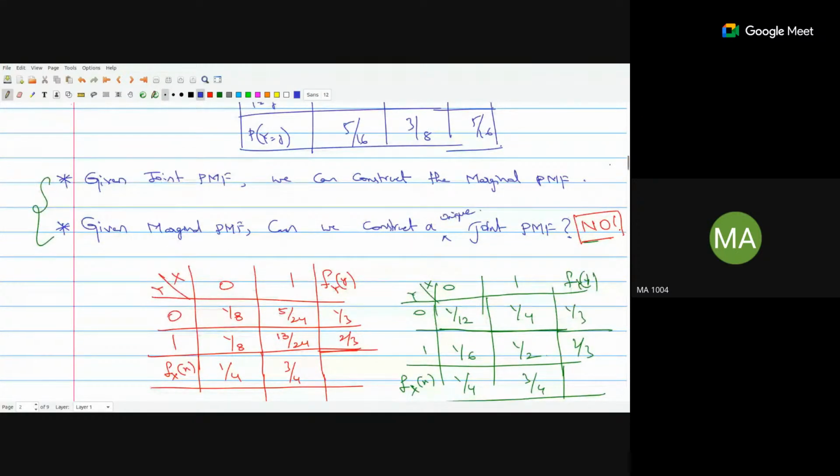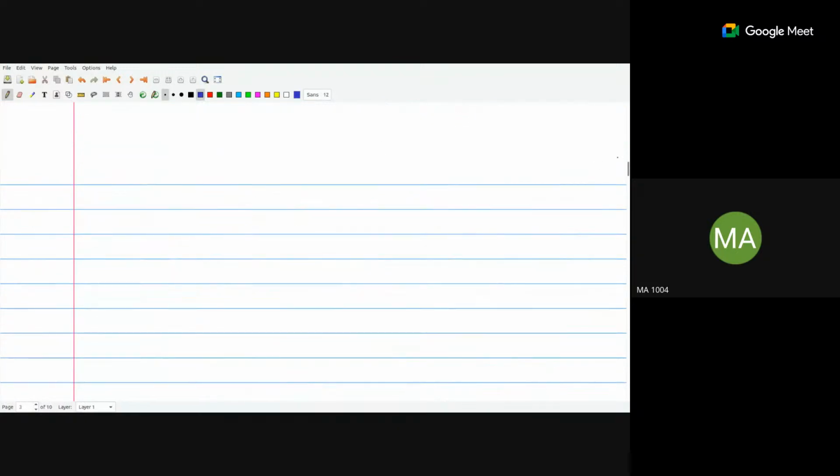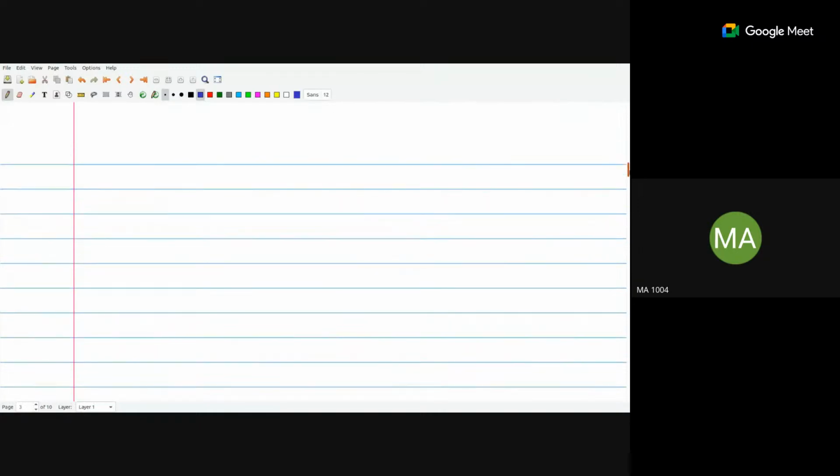Marginal PMF is nothing new. It's just the individual PMFs we are computing from the joint. So that is marginal. Let me also discuss conditional PMF. Basically, it is again like the same thing.